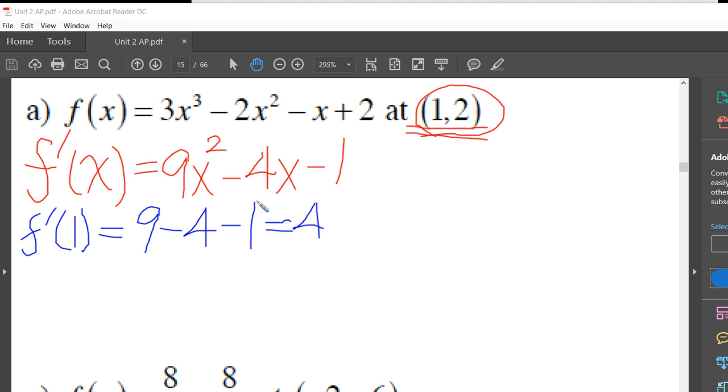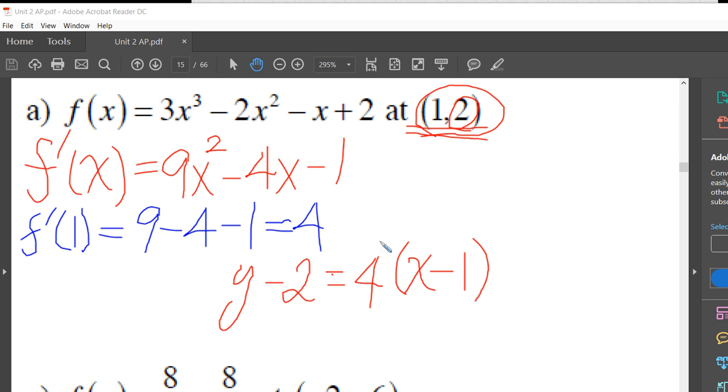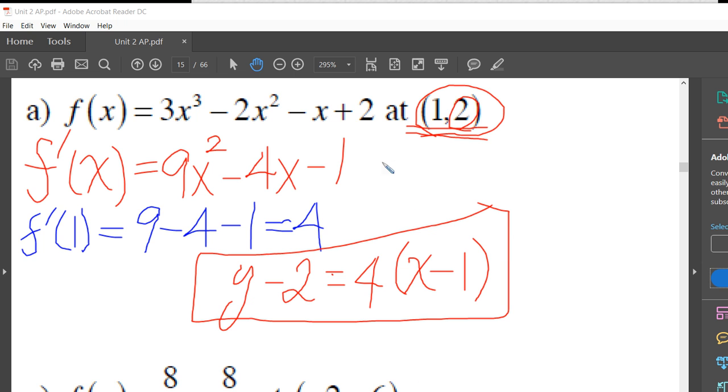So we're going to write the tangent line by using the point-slope form. It'll be y minus y1, which is 2 right here, equals m, the slope at that point, times x minus x1, which is just 1. If you want to solve for y by adding 2 on both sides, you can. However, that is unnecessary.